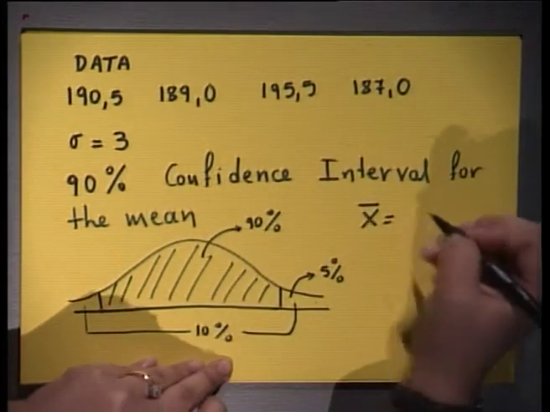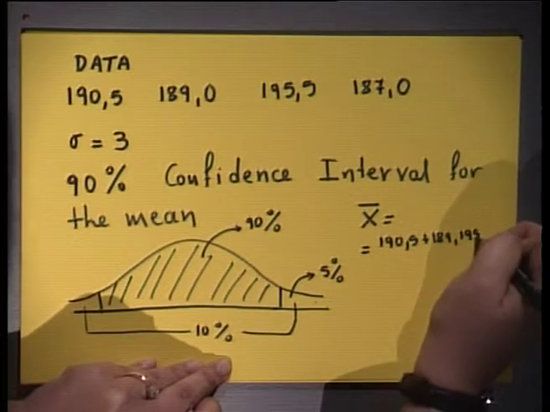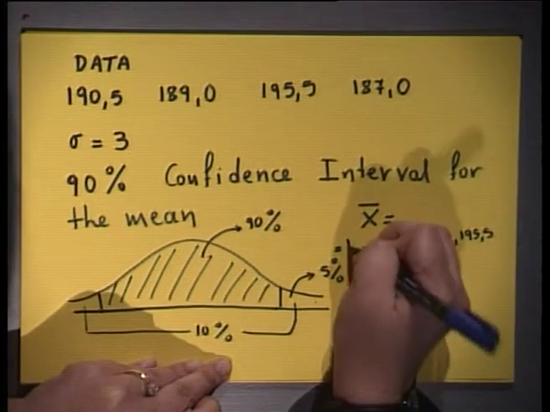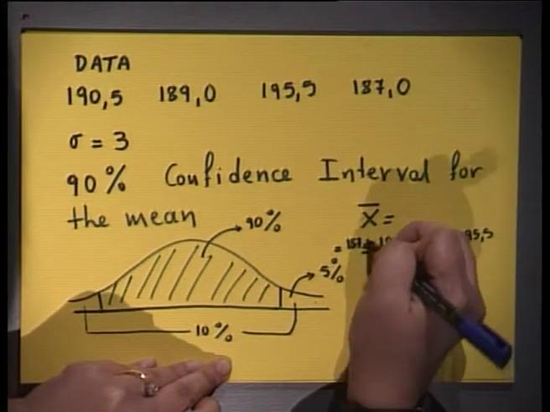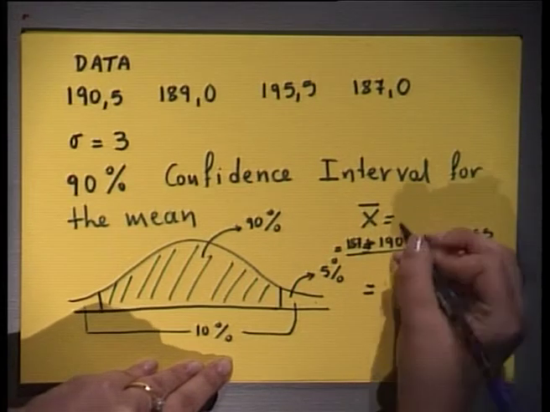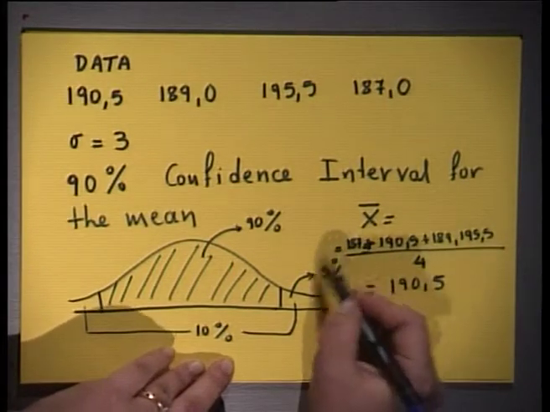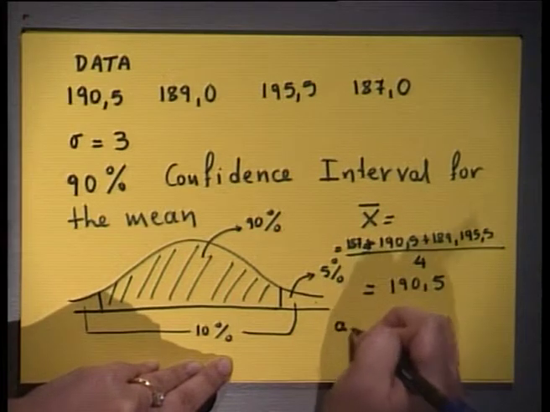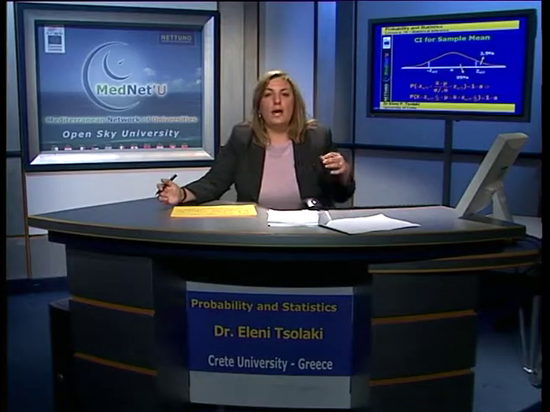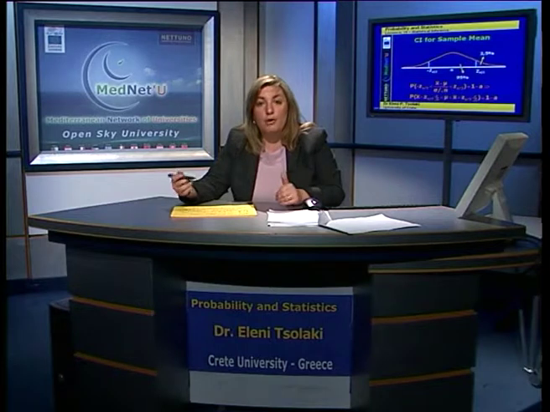If we add up all numbers, and divide by 4, this is equal to 190.5. Now alpha, as we have seen, is 0.05.